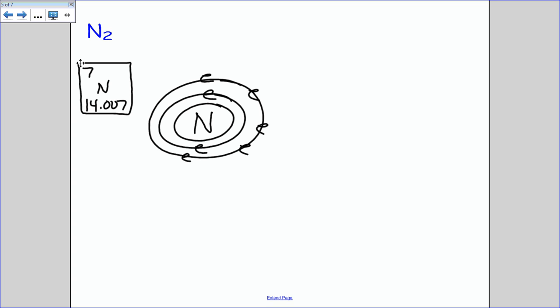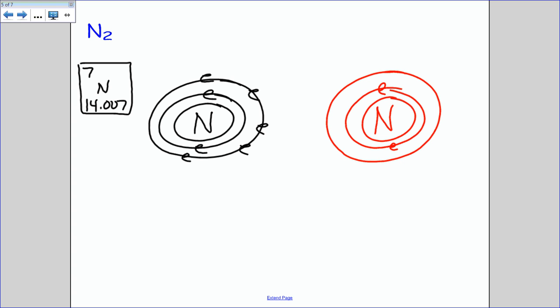And so for nitrogen, we have another one here. 2 in the first, 5 in the second. And then we're going to see how many each nitrogen needs. It needs 3. It has 5, if you want 8, it needs 3 more. So guess what? Those are going to share, and those are going to share, and those are going to share. And we now have a triple covalent bond because they're sharing 3 pairs of electrons between 2 different atoms.